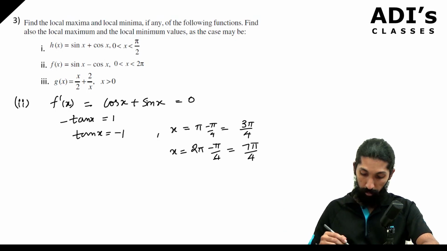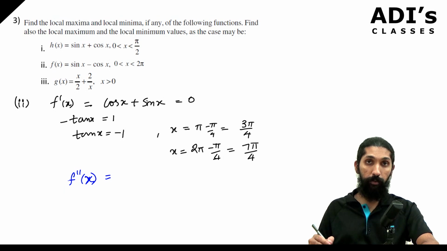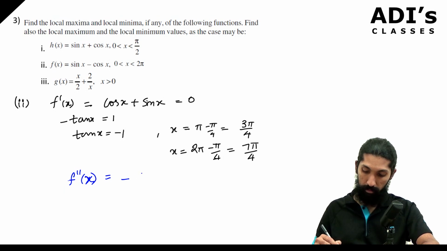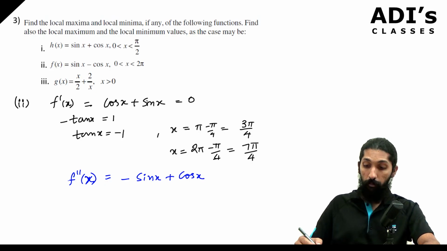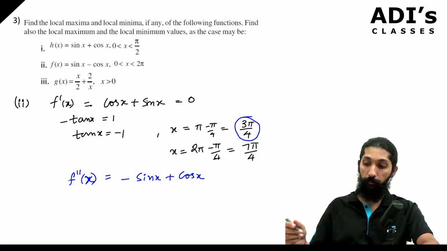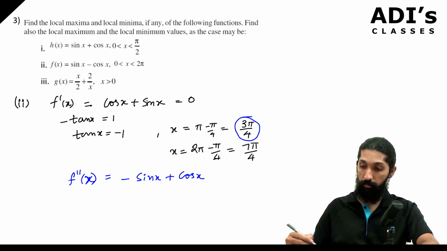Okay, so when you're doing f double dash of x, you'll get minus sin x plus cos x, correct? First, we'll put the value of 3π/4, the first point of inflection.